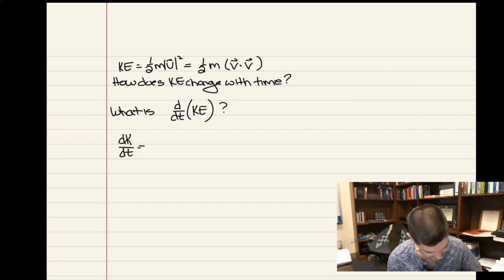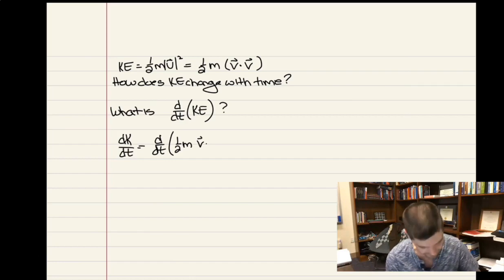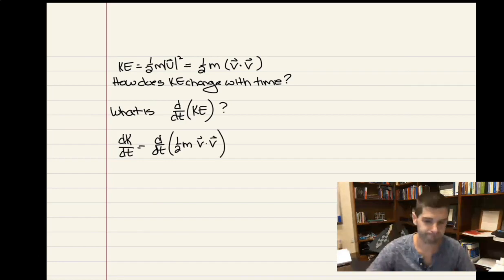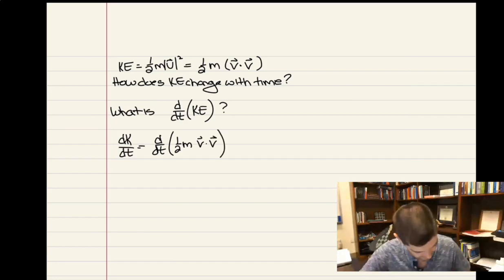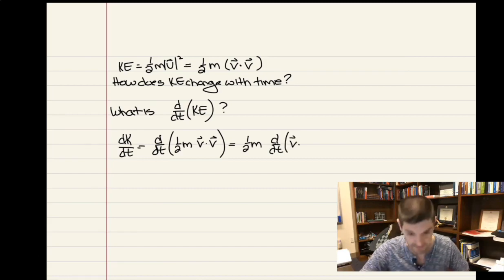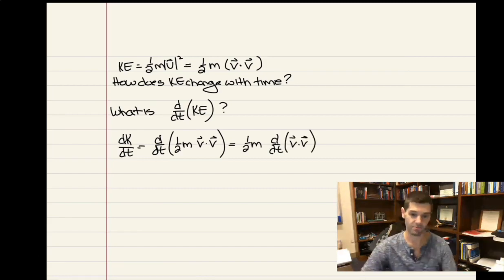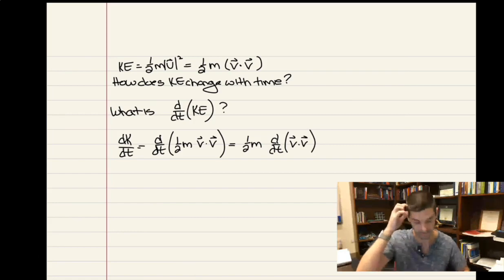So that is then the derivative of our expression for kinetic energy. If the mass is a constant, so the mass is not changing, then constants come out of derivatives. That is just 1/2 times the derivative of the dot product.